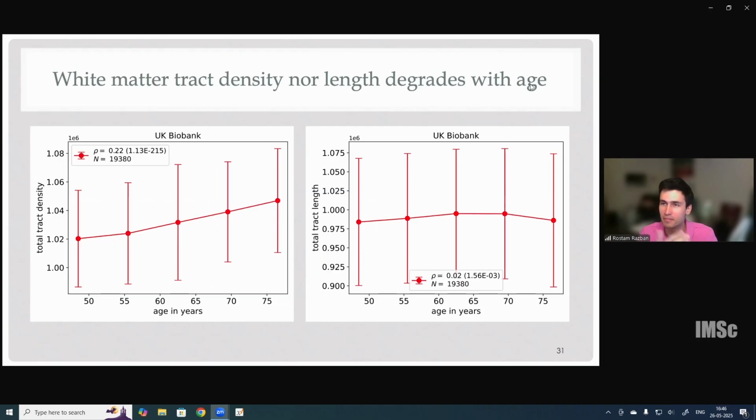So it cannot explain that. It seems to be just some separate event. And length seems to be a null. On average, the total track length seems to be fairly similar whether you're younger or older. And I should mention these y-axes are scaled times 10 to the 6.